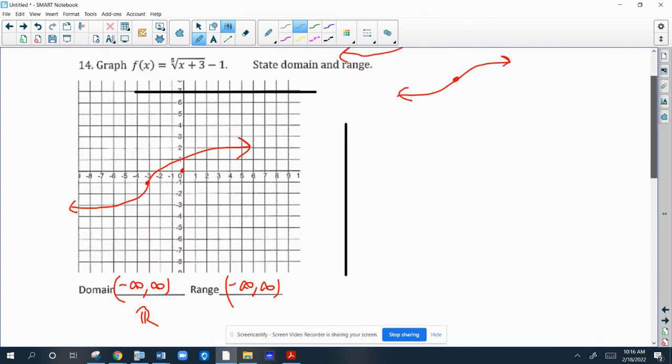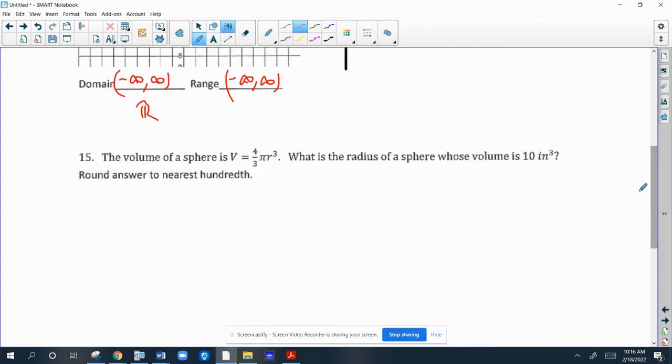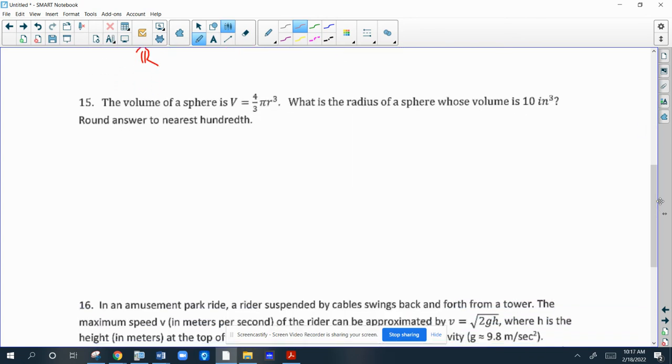Number 15. The volume of a sphere is given, and we're going to figure out what the radius is if the volume is 10. So this is more or less just plug everything in. The volume is 10, and we're solving for r.